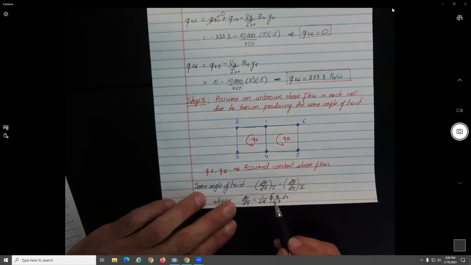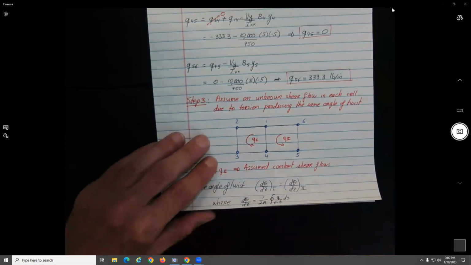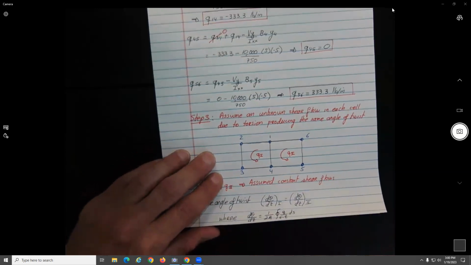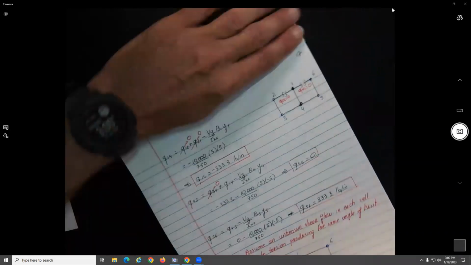This is q divided by G, the thickness t, ds.